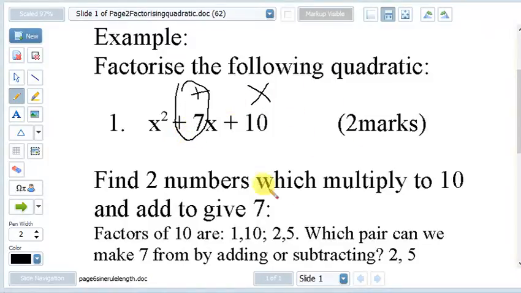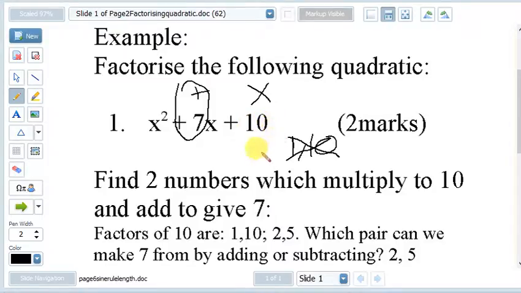The first two factors of 10 that I would be thinking of are 1 and 10. No matter how good you are at maths, if you try adding and subtracting those, you cannot make 7. Okay, so it's not those two.